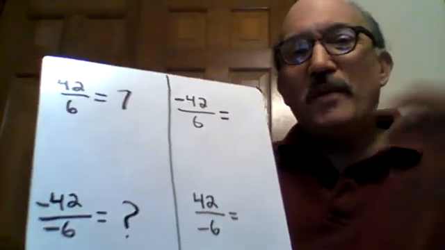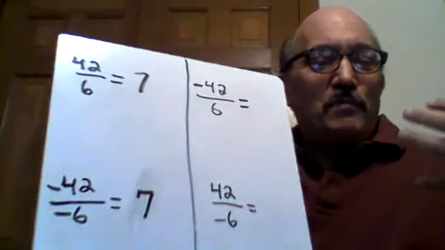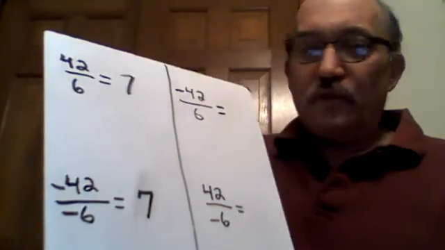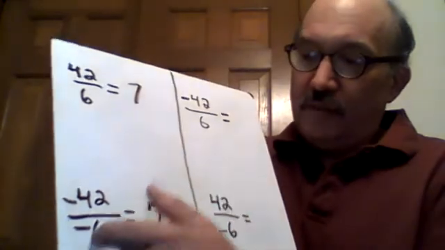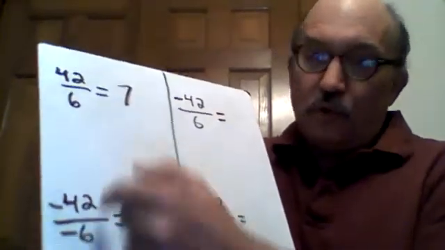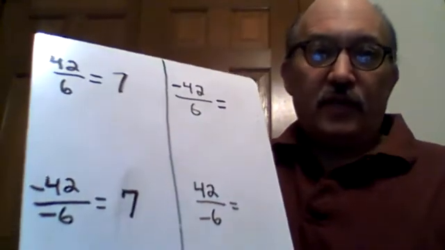So that rule for multiplication produces the rule for division, which is really the same rule, but you can prove that the rule is appropriate for division according to the definition of division. 7 times negative 6 is negative 42, so 7 has to be the quotient. It has to be the answer to that division.